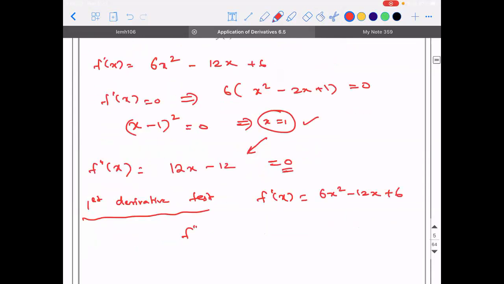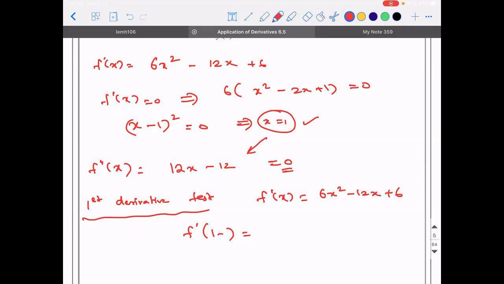So f dash of 1 minus is how much? 1 minus means take a value less than 1 and substitute it.